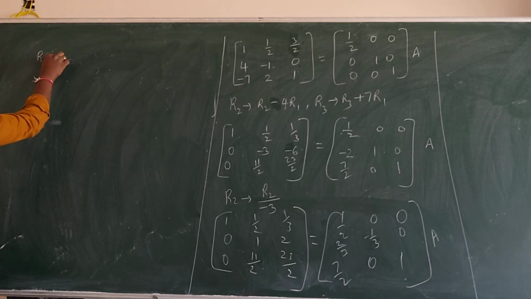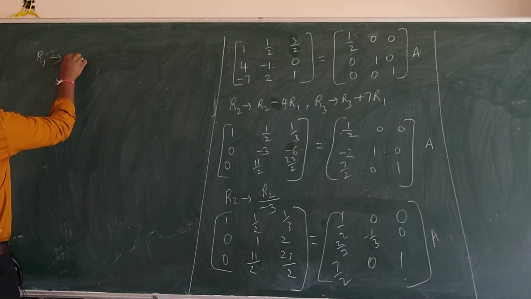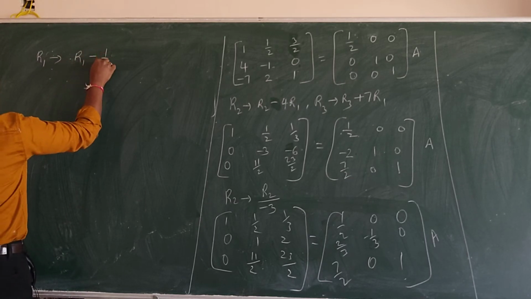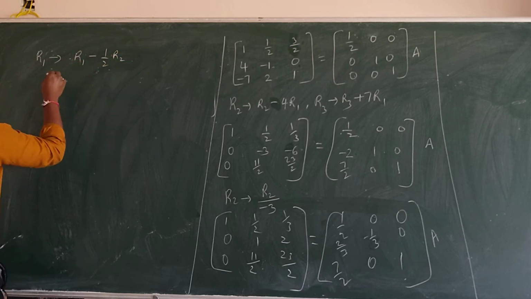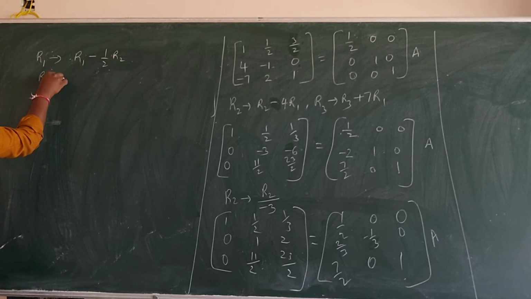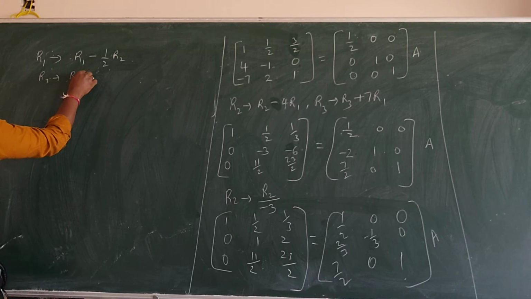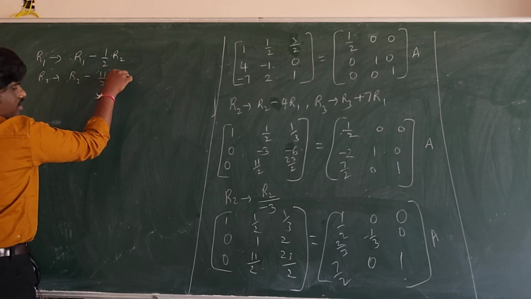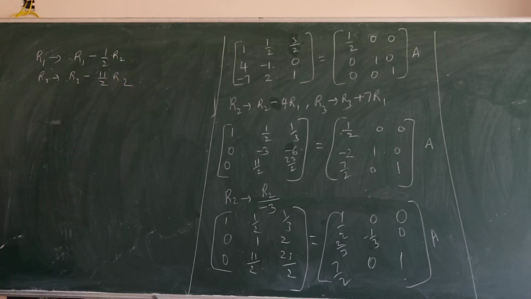R1 implies R1 minus half of R2. R3 implies R3 minus 11 by 2 R2. Right? Fine.